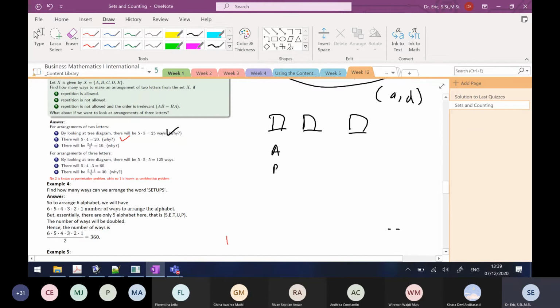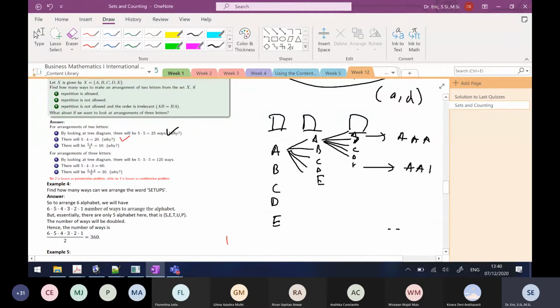So you have A, B, C, D, E. For every branch, you have A, B, C, D, E, and for each of those, you again have 5 branches: A, B, C, D, E. So how many ways are there? 5, and every branch has 5 branches, and every one of those has 5 branches also. So it gives you 125 ways.